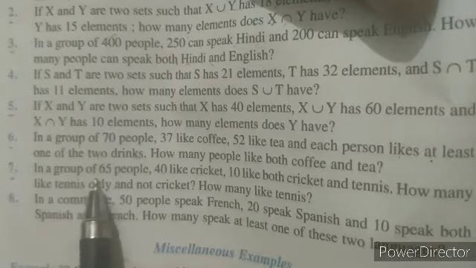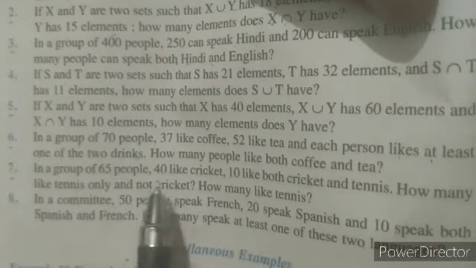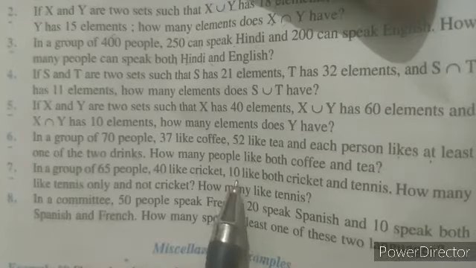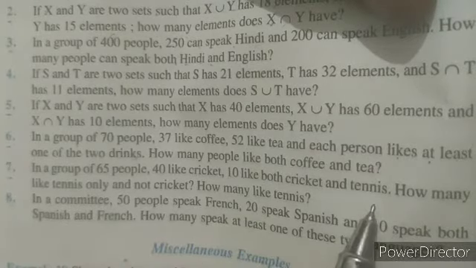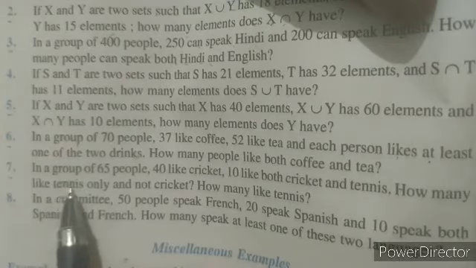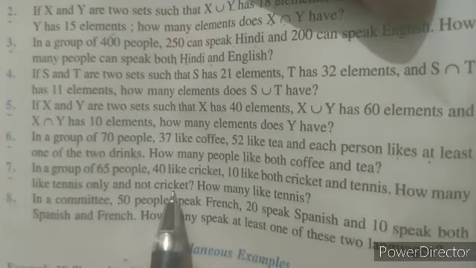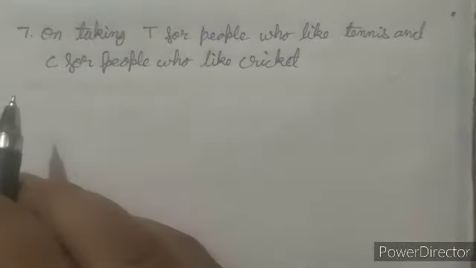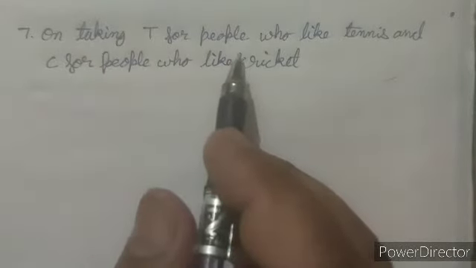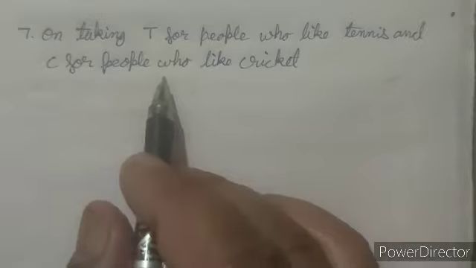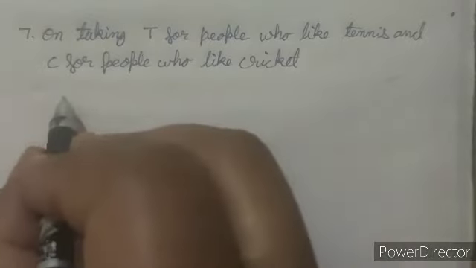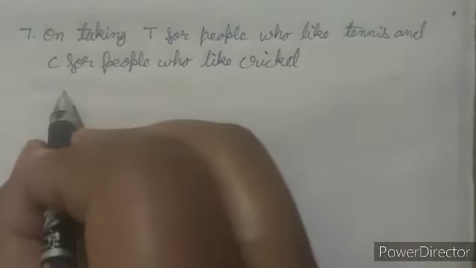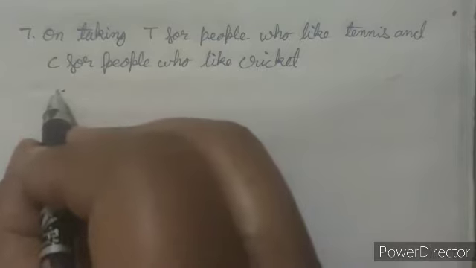In seventh question, in a group of 65 people, 40 like cricket, 10 like both cricket and tennis, how many people like tennis only and not cricket? How many like tennis? Taking T for people who like tennis and C for people who like cricket, now the total number of people in the group is 65.